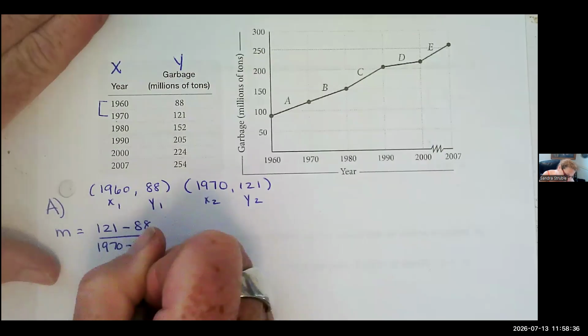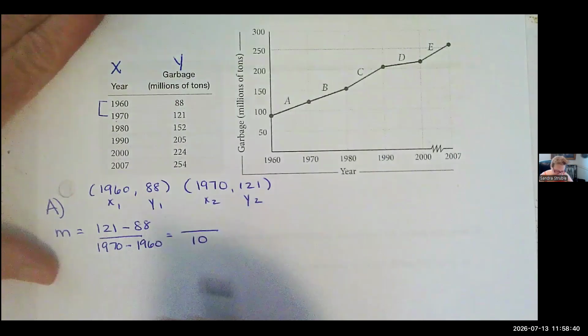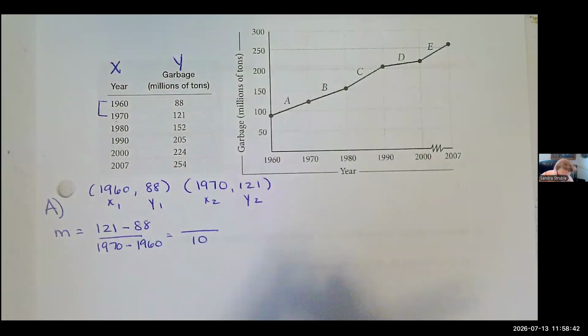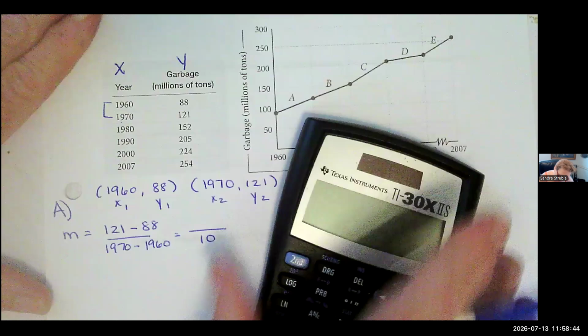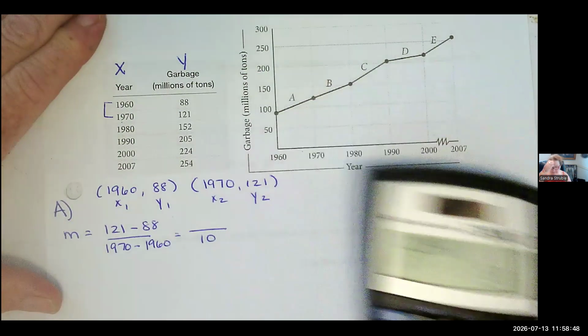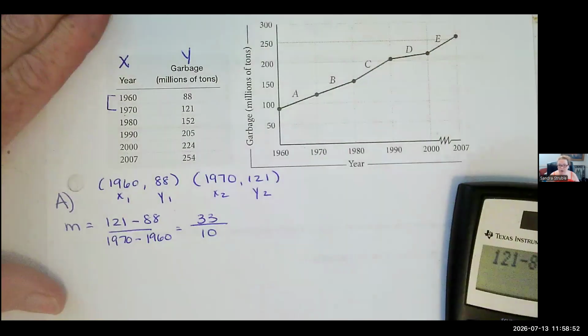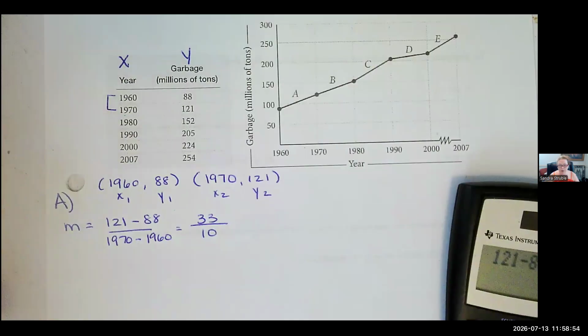That's a 10-year difference for these. I need a calculator. 121 minus 88 is 33 over 10. Now, for this, typically I would say do not use decimals, but here I would use decimals because it's a representation of something that's happening.